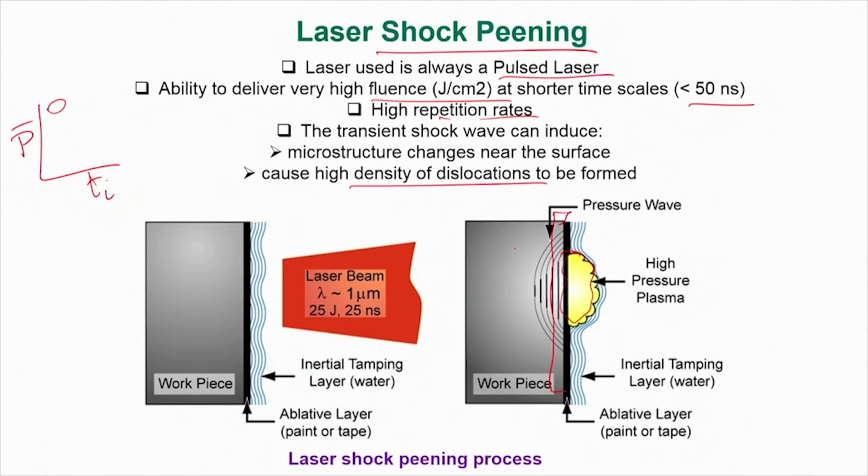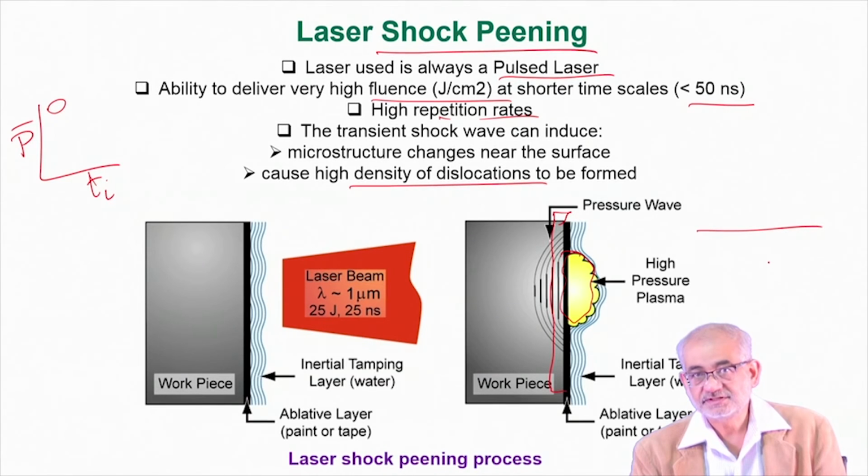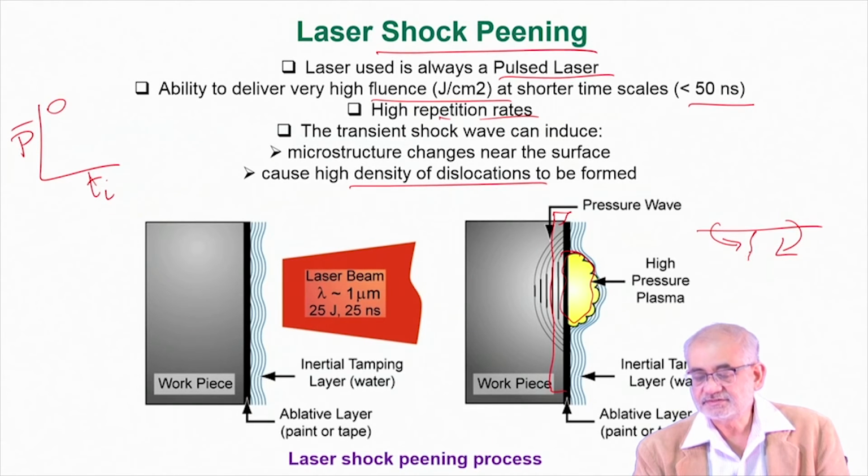Just to remind you, the utility of such residual compressive stress is that if this is the surface, and you create deformation onto the surface, then essentially you create residual stresses which are acting towards each other. So if a crack forms for whatever reason, maybe due to fatigue or wear, this crack first has to overcome this residual compressive stress and convert it into a residual tensile component, and only then can the crack propagate.